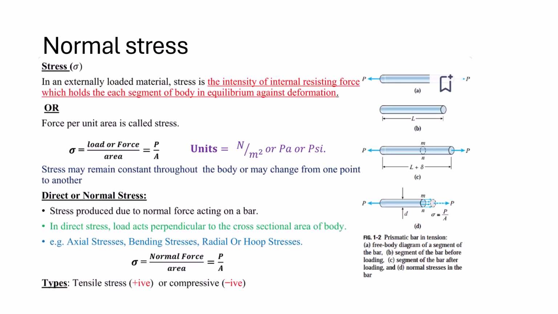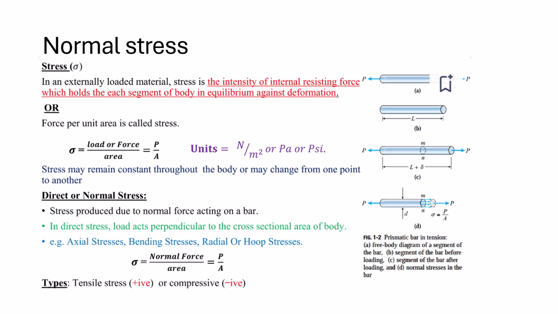When we talked about forces, we explained the normal and the shear force, but this normal force will give us some normal stress. So what is normal stress? In an externally loaded material, stress is the intensity of internal resisting force which holds each segment of the body in equilibrium against deformation, or force per unit area is called stress.